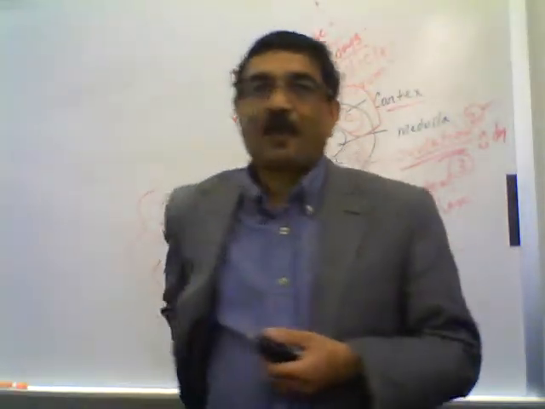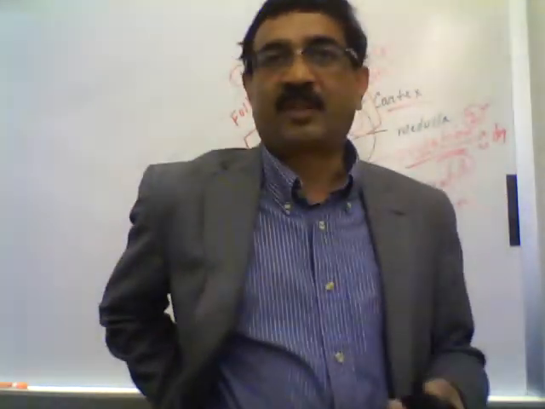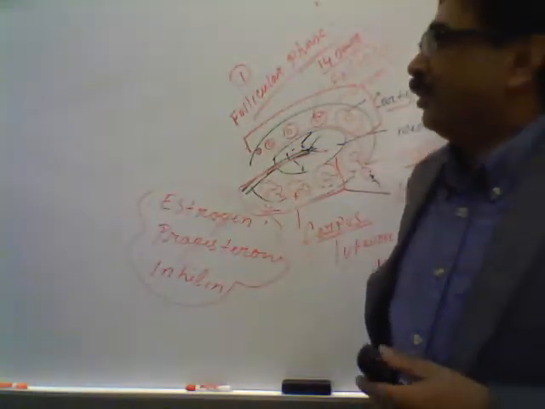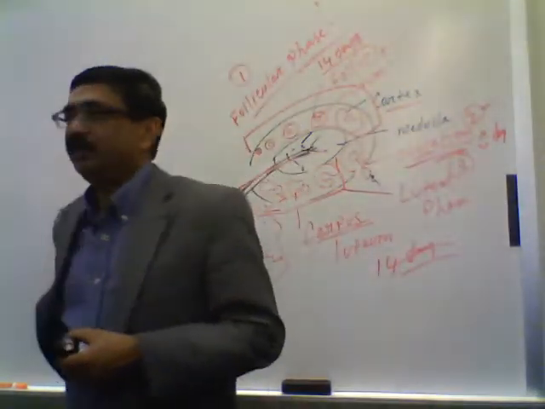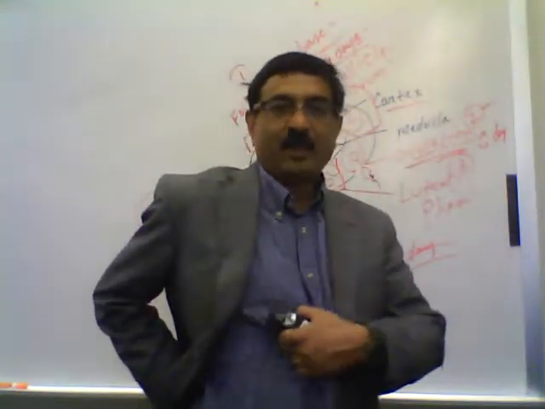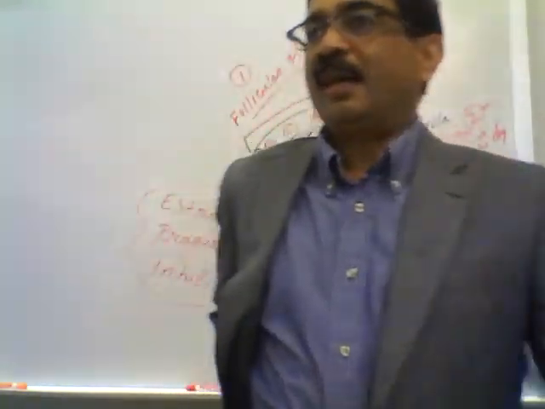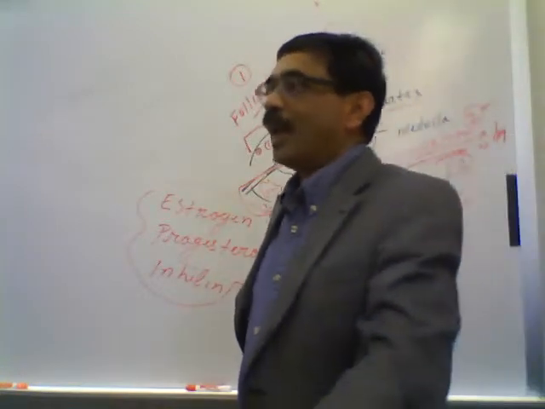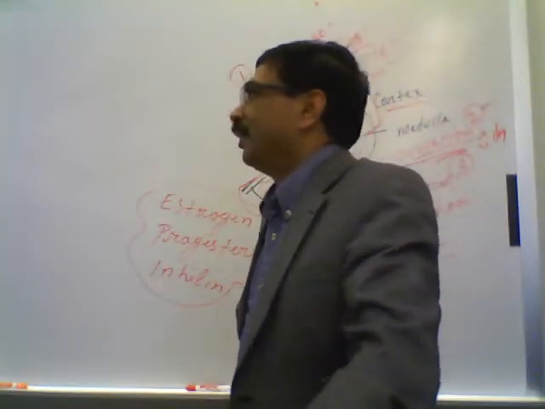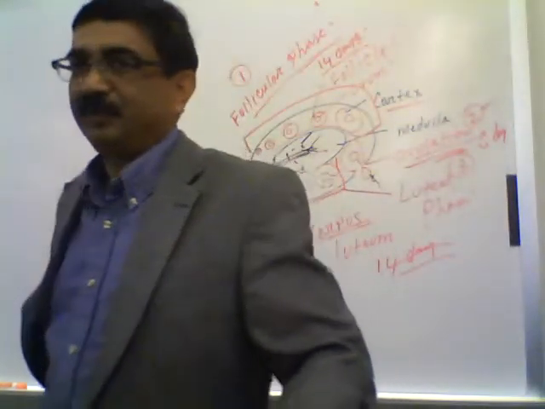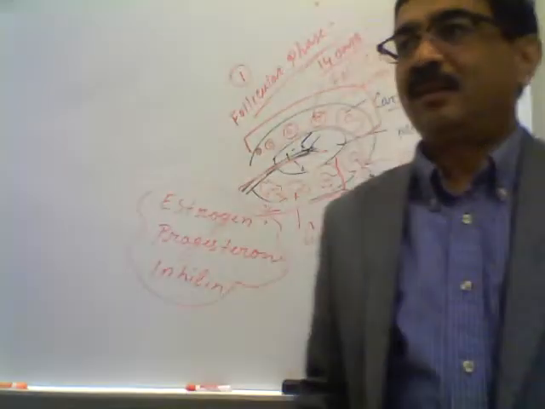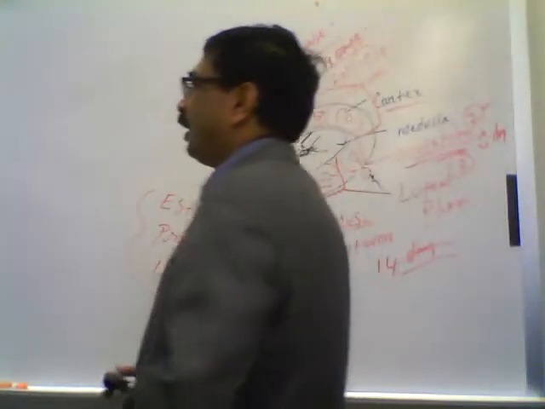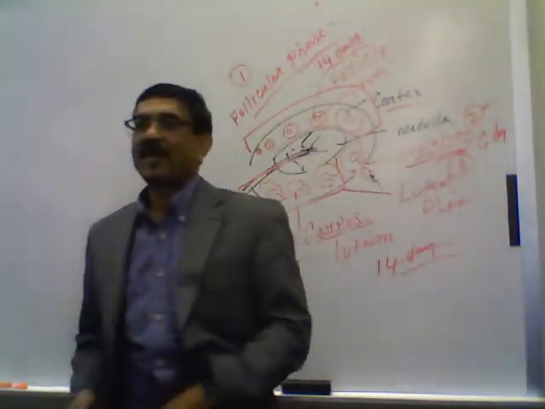Uterus. We have talked about the uterine tube and parts of it. Now we'll see the structure of the uterus. The uterus has a thick wall and a cavity inside. The wall of the uterus has three layers.